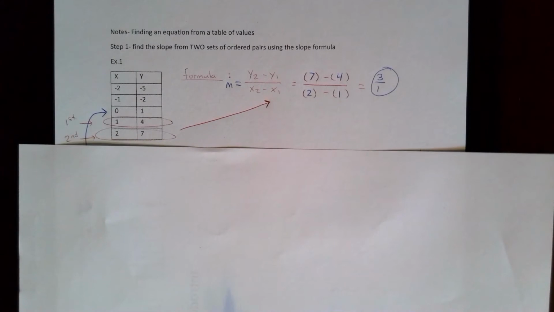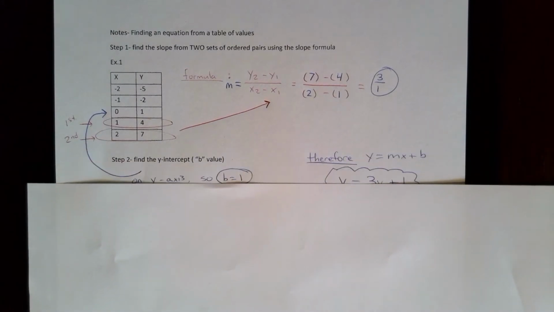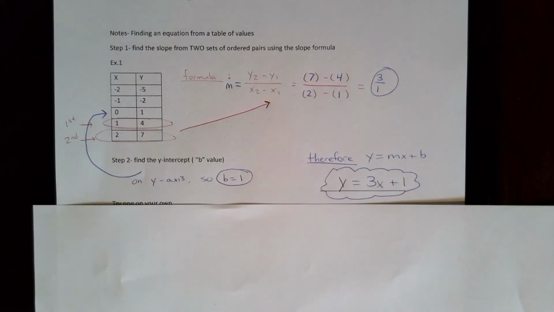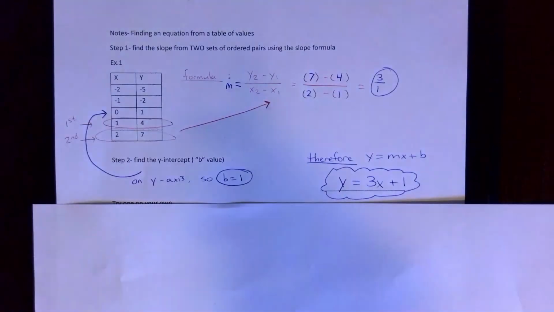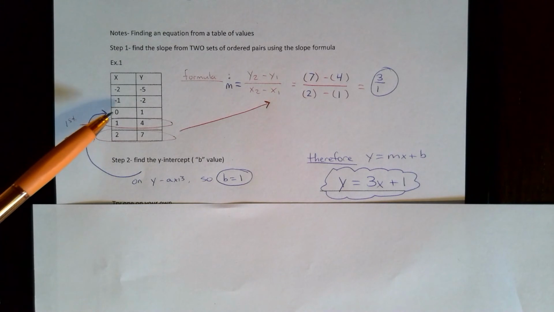And then b, the b value, is usually pretty easy to find for the most part, especially for examples 1 and 2 here. Since you know that b is on the y-axis, if there's a 0 in the x column, that means you're going over 0. Well, if you go over 0, guess what? You're on the y-axis.